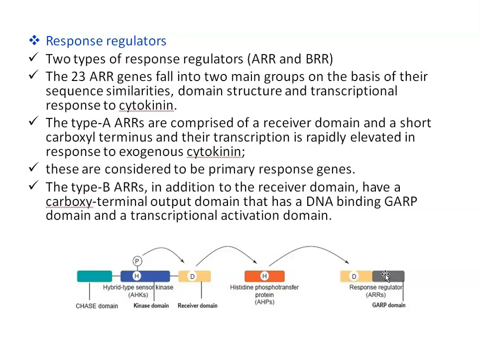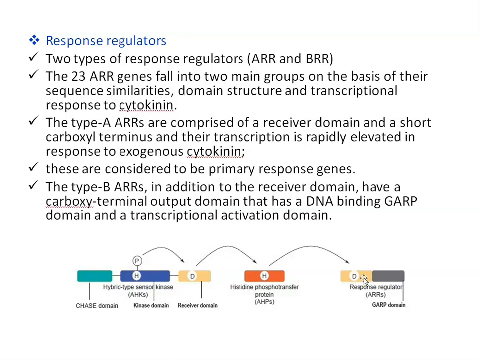The type A ARRs, right, are comprised of a receiver domain and a short carboxyl terminus, and their transcription is rapidly elevated in response to exogenous cytokinin, right? So these are considered to be the primary response genes.